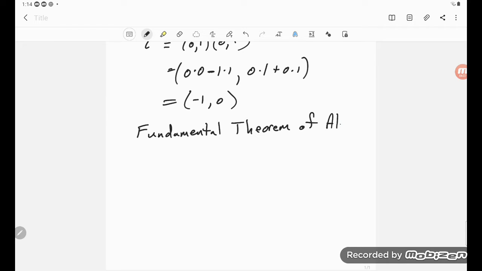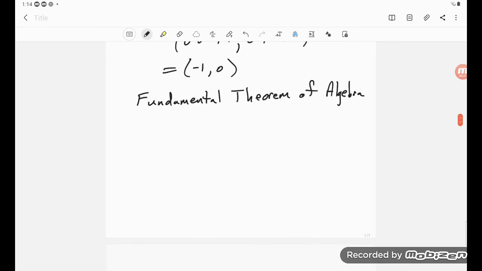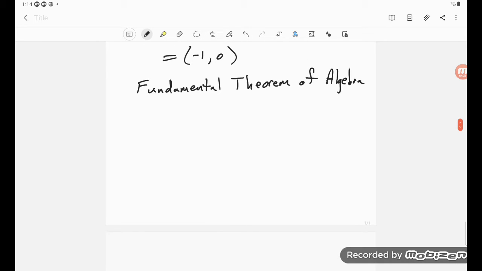And we need a lot of work to prove this. And so I guess they're just doing this to kind of say, hey, here's a great reason to study complex variables.